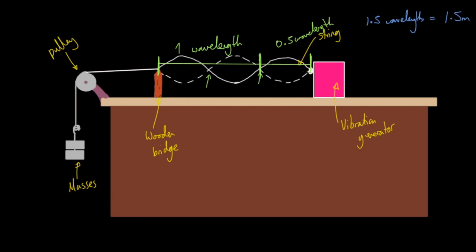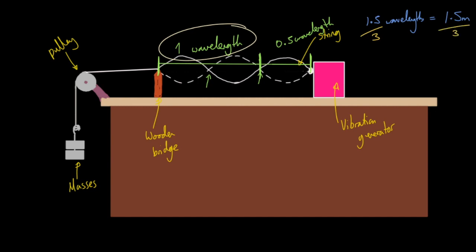Because what we want is one wavelength, this distance here. Well, what we're going to do is chop up that 1.5 wavelengths, and then multiply back up. So we're going to work out what half a wavelength is, and then we can times it up by 2. So we're going to divide that by 3, because we're going to chop it up into 3 bits, 3 halves.